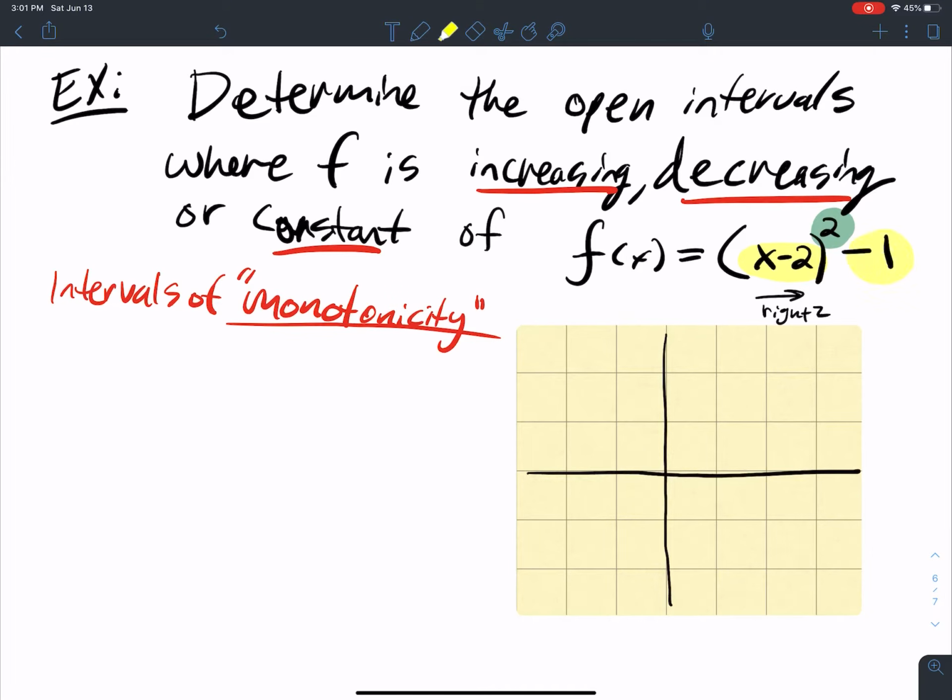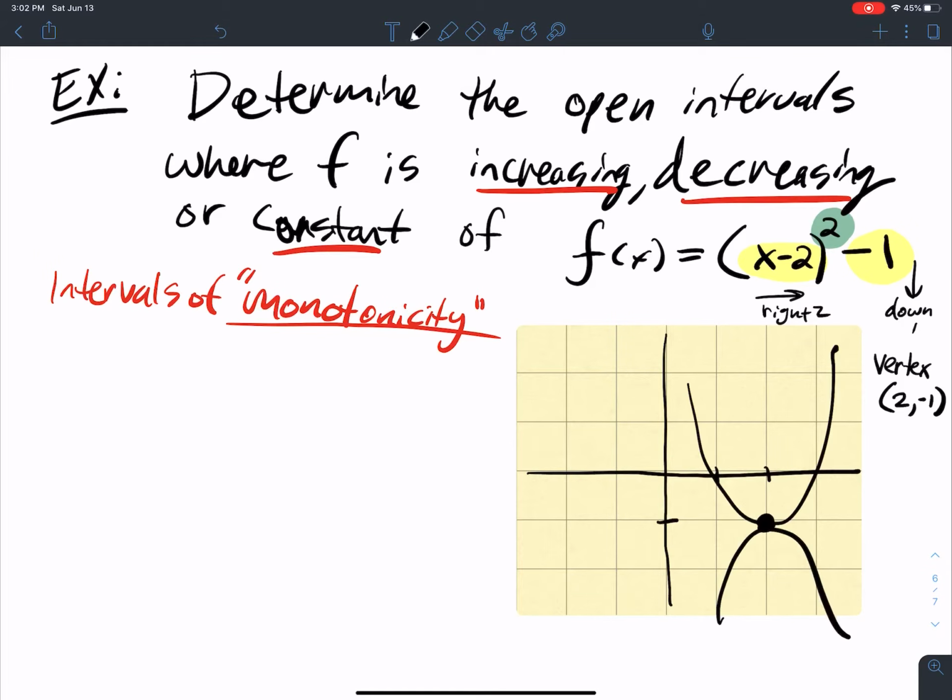The minus 1 on the outside tells me to go down 1. So I go over 2, and I go down 1, and that's the vertex. So the vertex is (2, -1).